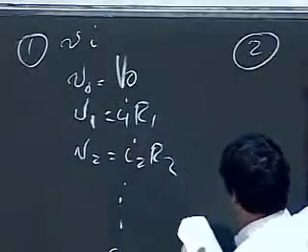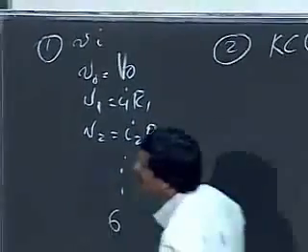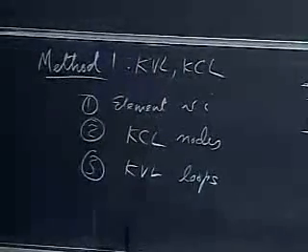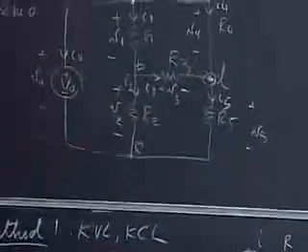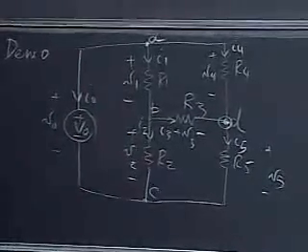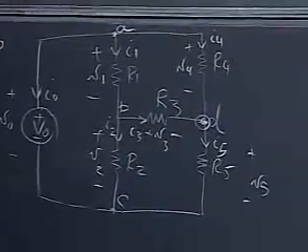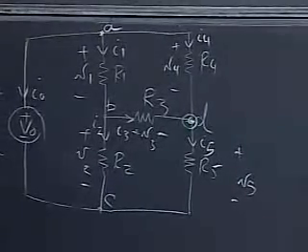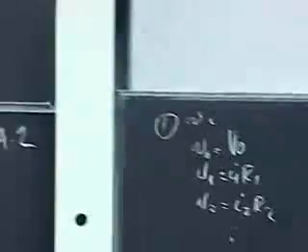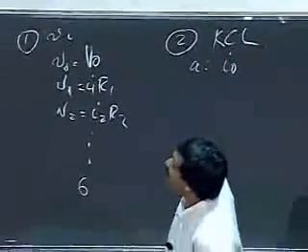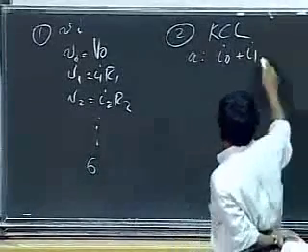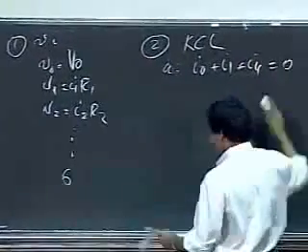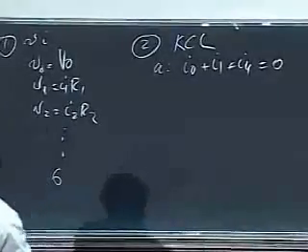Step 2, I'm going to go ahead and write KCL for the nodes in my system. Let me start with node A. For node A, let me take as positive the currents going out of the node. So I get I0 flowing out plus I1 flowing out plus I4 flowing out, and they must sum to 0.